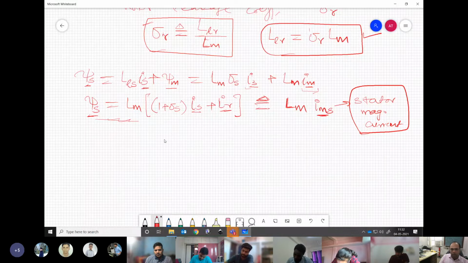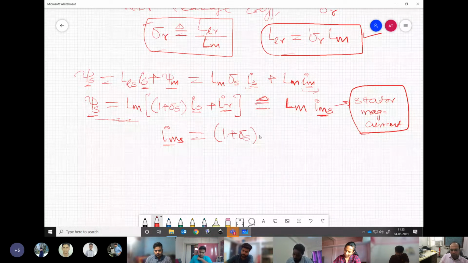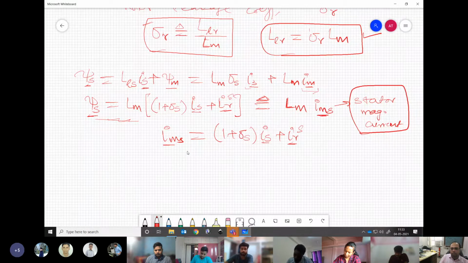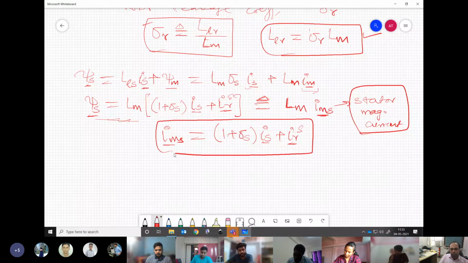Now I can define my stator magnetizing current in terms of IS and IR like this. So this is a fictitious current.